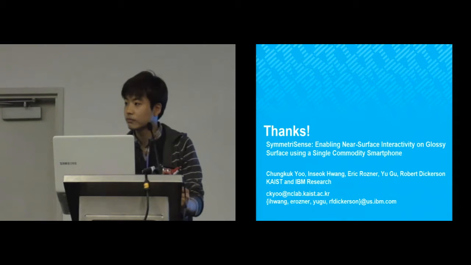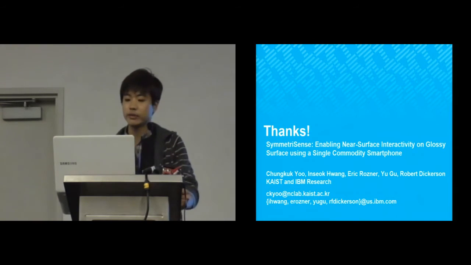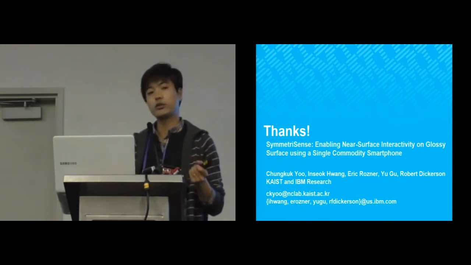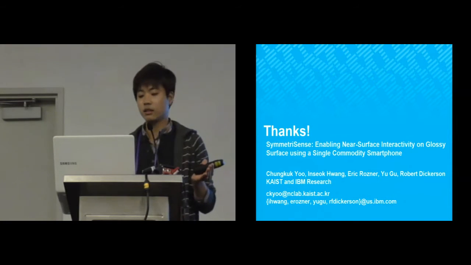So you gave very briefly the Z accuracy. How well can you actually detect touching? Yes, actually, we left robust touch detection to our future work. We were very cautious in detecting a touch.